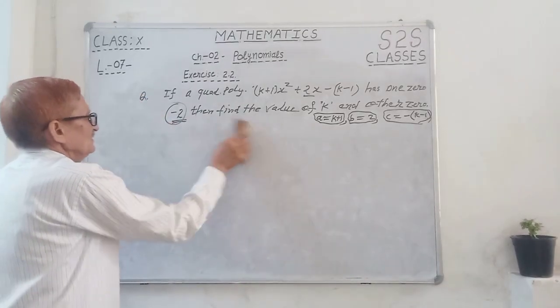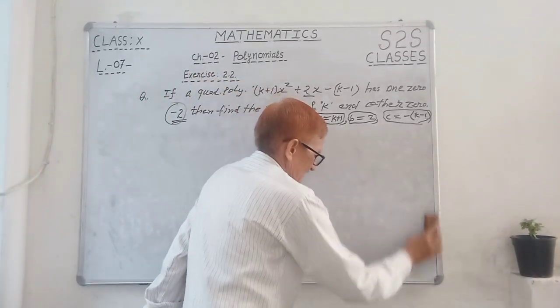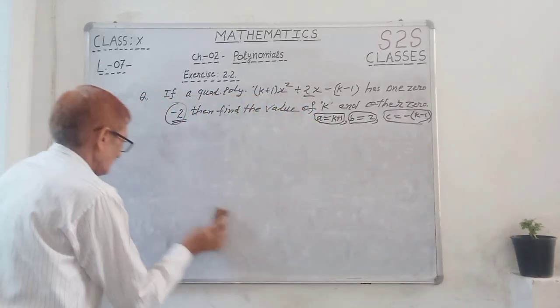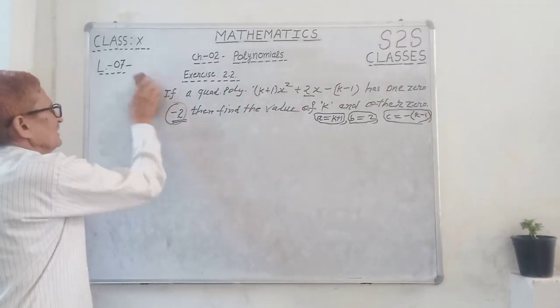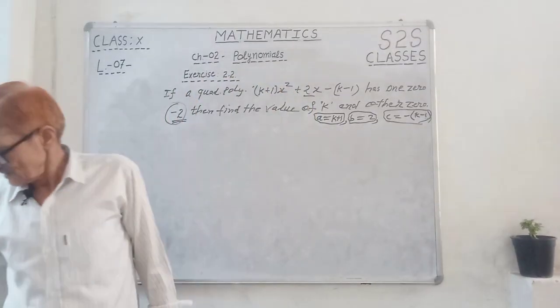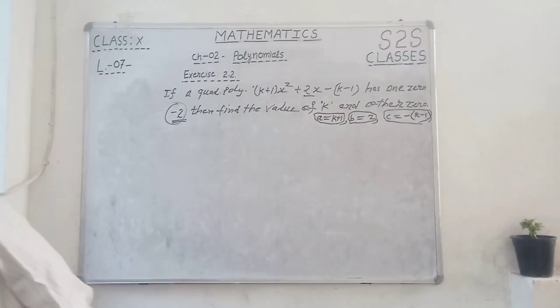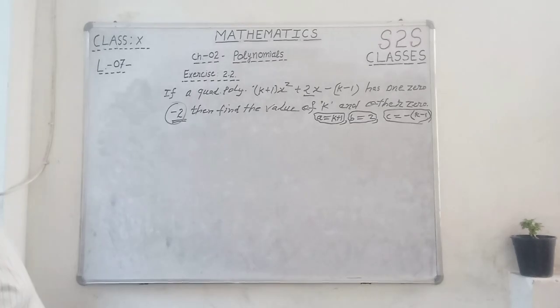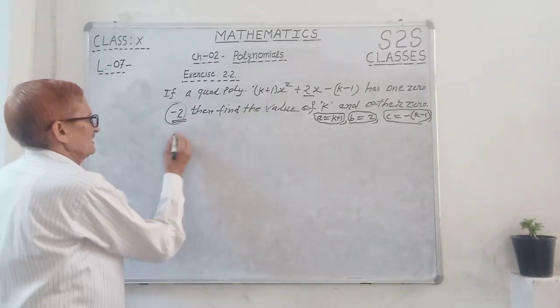Now in this chapter, polynomials, these things are there in the NCERT CBSE syllabus, not more than these, only these important things. Now if you want to write the cubic polynomial, then you can also write it.